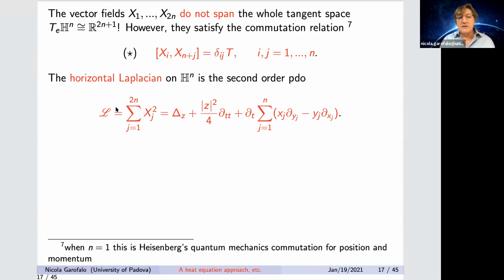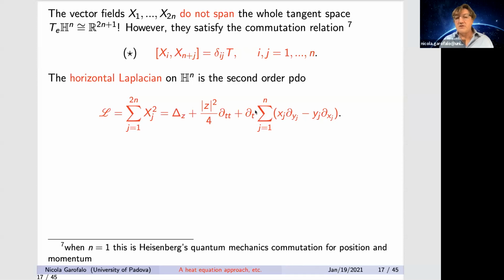And so now the horizontal Laplacian, or the Kohn sub-Laplacian, or the real part of the Kohn sub-Laplacian, is the sum of the squares of these vector fields. You write it explicitly as this partial differential operator in the variables, remember that z is x and y.